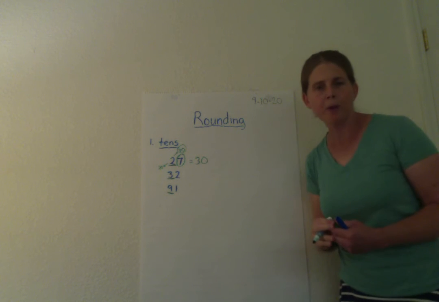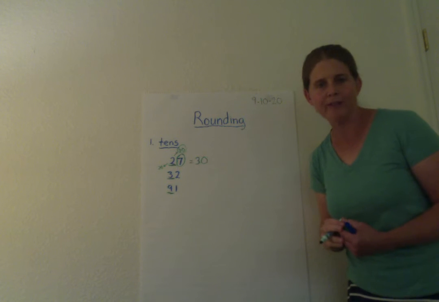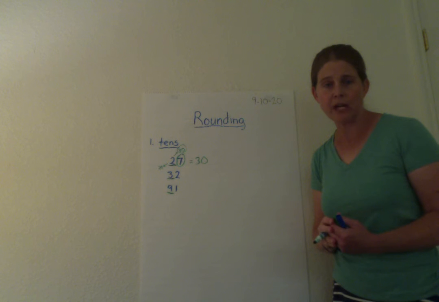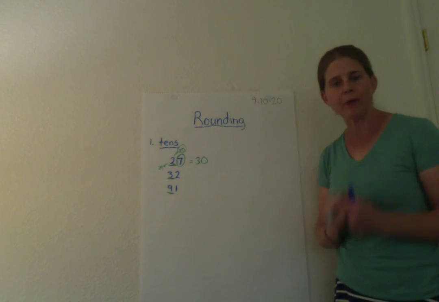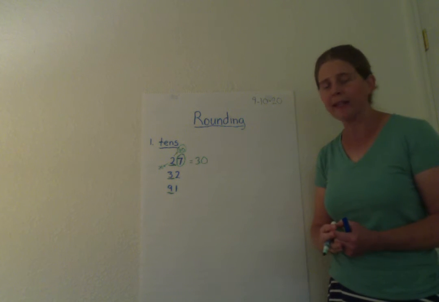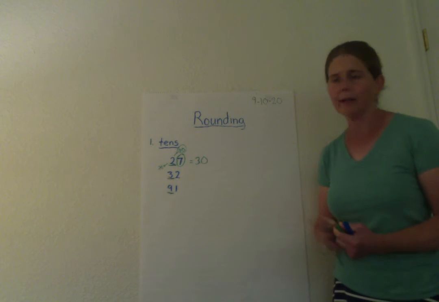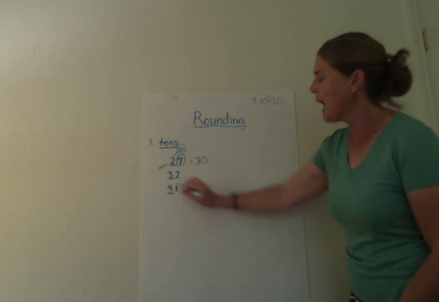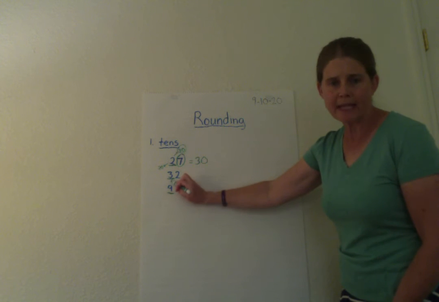I realize you probably can't write all of this, and that's totally fine. If you just end up watching this video just to get some background information for today's lesson, that's also perfectly fine. Let's try one more together, okay? 32. I know that 3 is in the tens place.